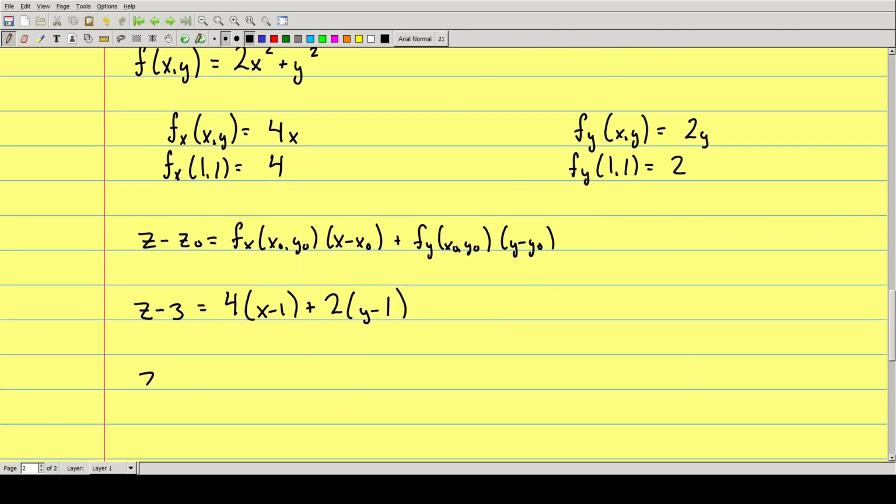And rearrange it if we would like. Okay, so we get -4 minus 2 plus 3 gives us -3.